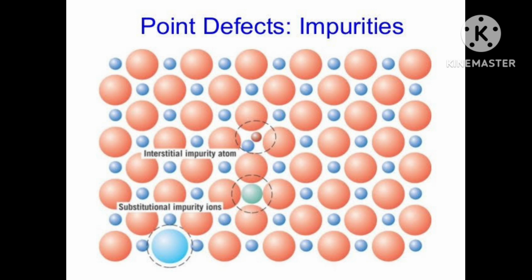Zinc oxide, ZnO, is white in color at room temperature. Why do we mention room temperature? Because when temperature increases, many things change. Temperature has a big role in appearance.